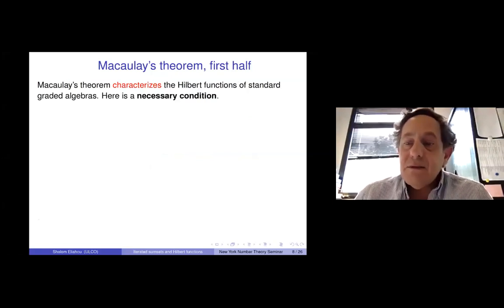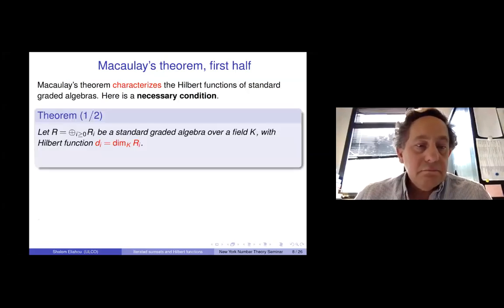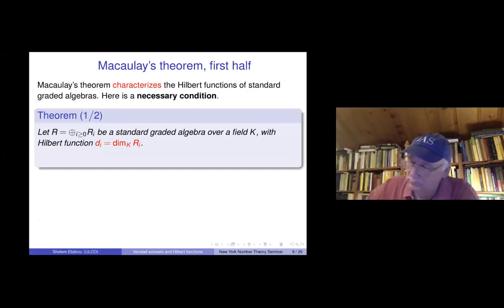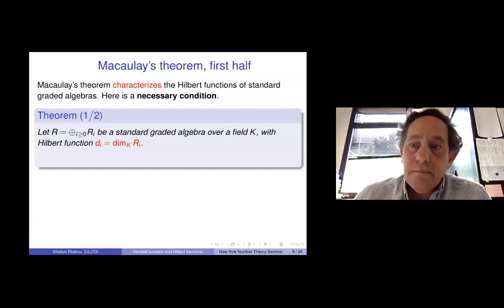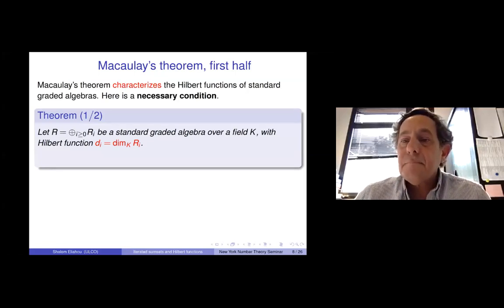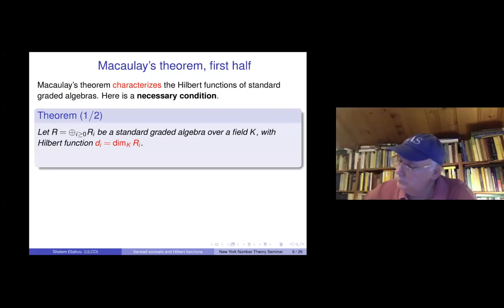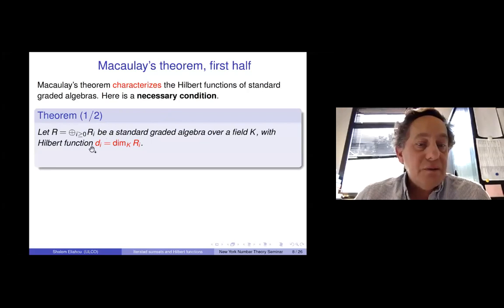And here's the necessary condition. Take any standard graded algebra over a field K with Hilbert function d_i.